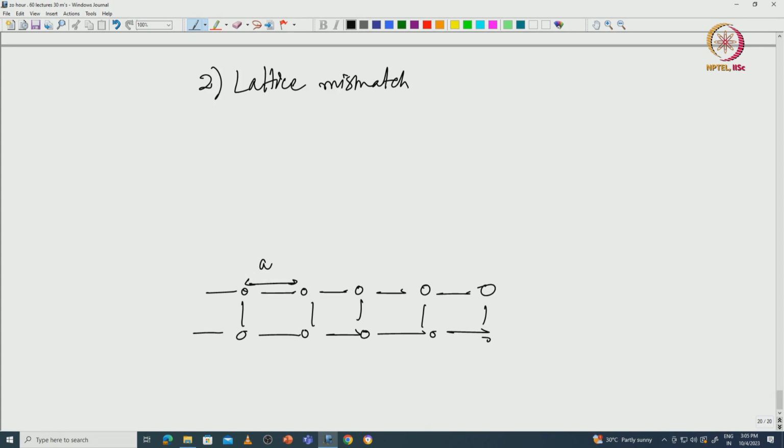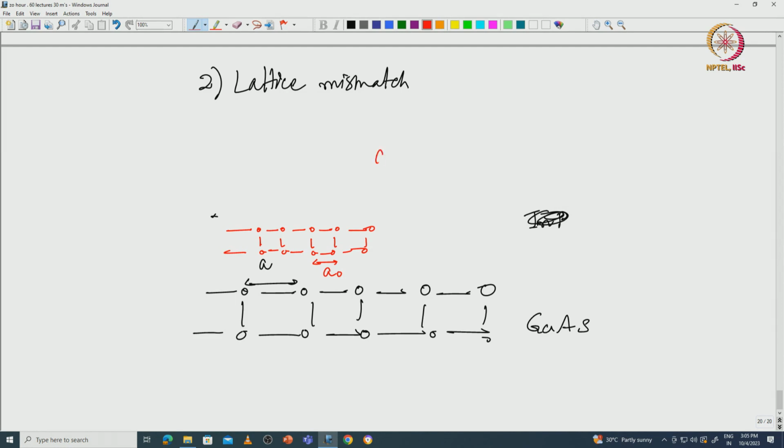Now, suppose this is your gallium arsenide. On top of that I want to deposit indium phosphide or maybe some other compound like indium gallium phosphide, and that material, suppose, has, I will draw in red color here, this atomic arrangement. What you can see is that the spacing between two atoms here is, suppose, A naught.